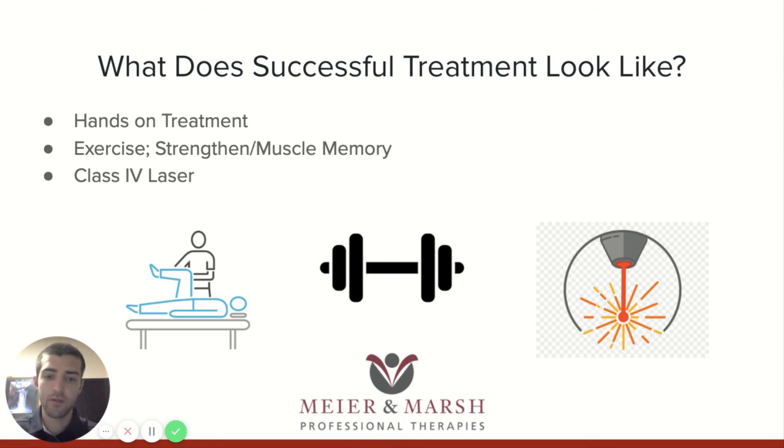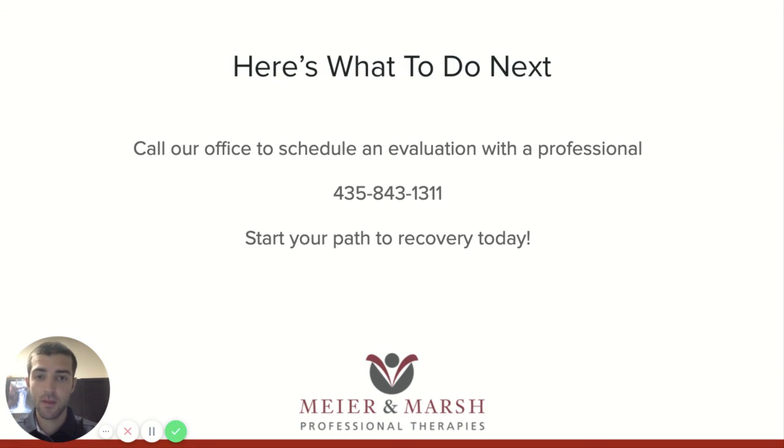If you're lacking in one of those categories, you're not going to get the progress you want to see as fast as you want. So that being said, the best thing you can do if you're having shoulder pain right now is really to see a professional, to do something about it, to have a professional look at your shoulder and determine what is really going on in the joint.